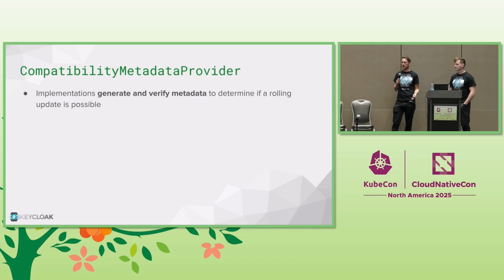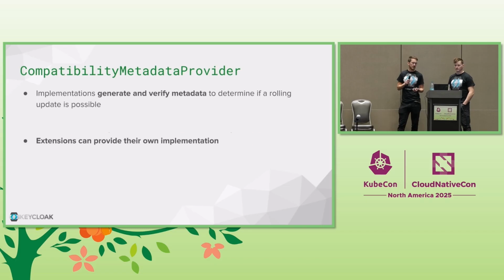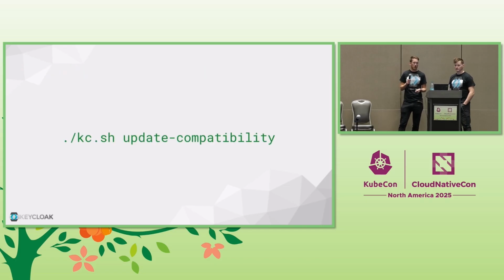So we have one for the database layer, one for the caching layer, etc. This is part of the SPI, so extensions can implement their own version of this interface if they want to be rolling update compatible.